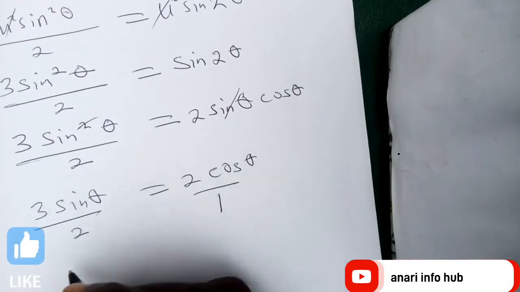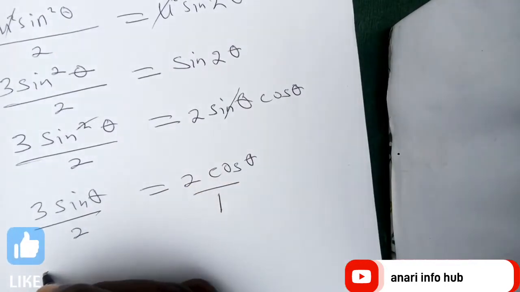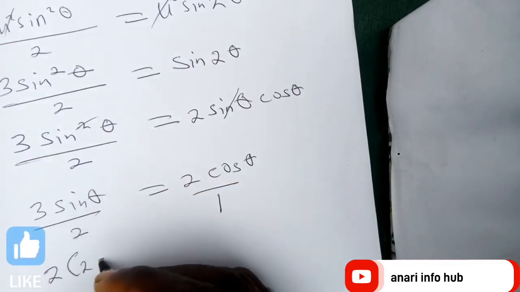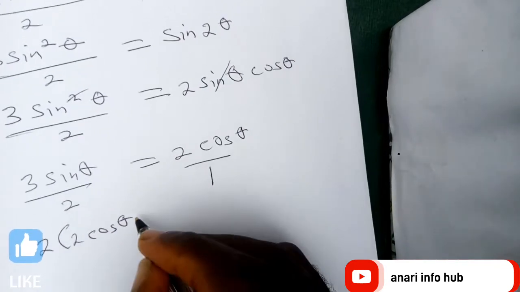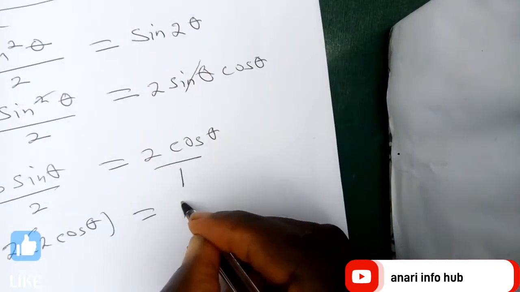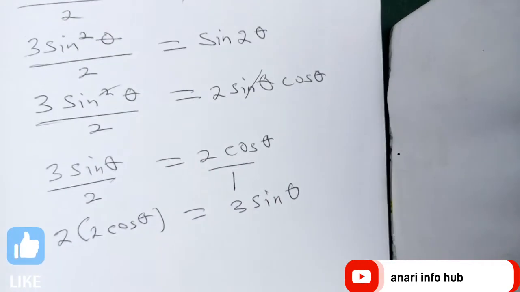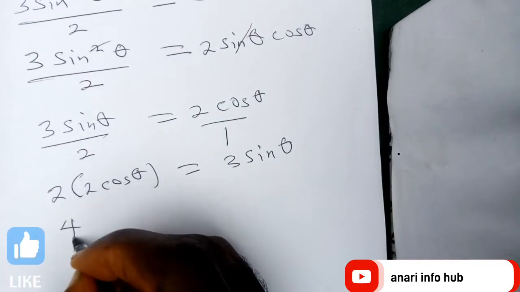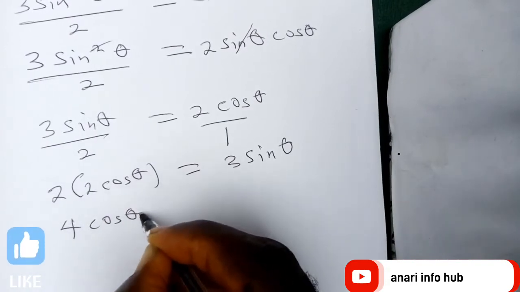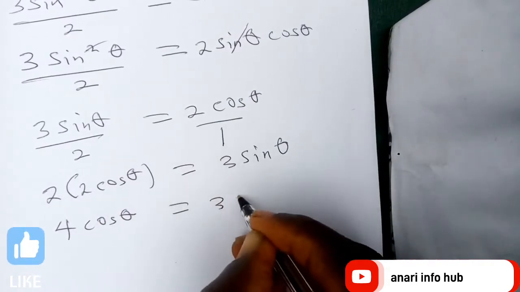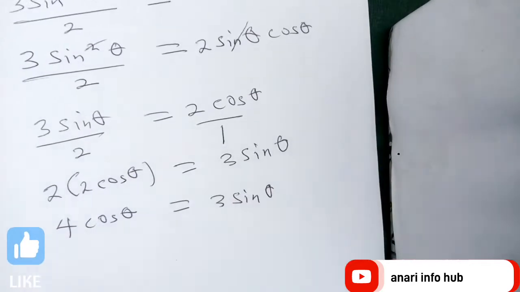If we cross multiply, 2 times 2 cos theta equals 3 sine theta. This gives us 4 cos theta equals 3 sine theta.